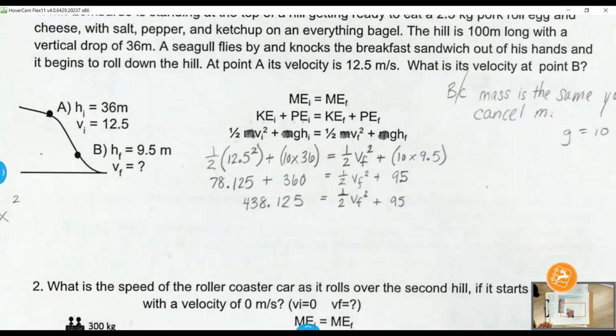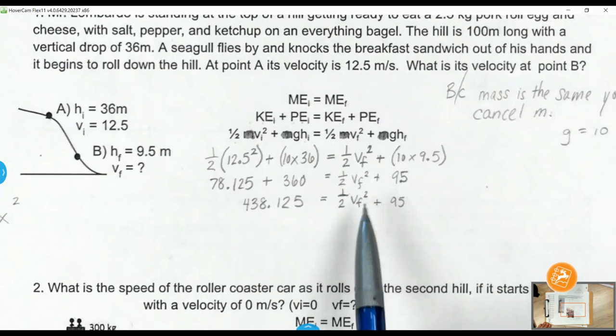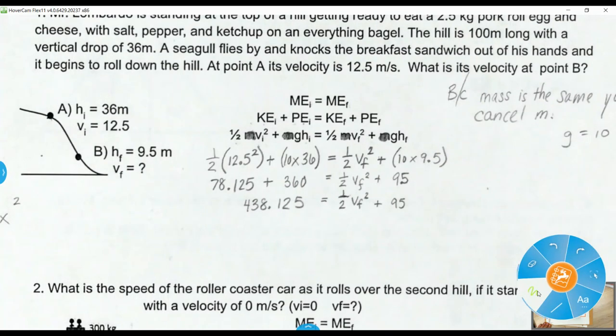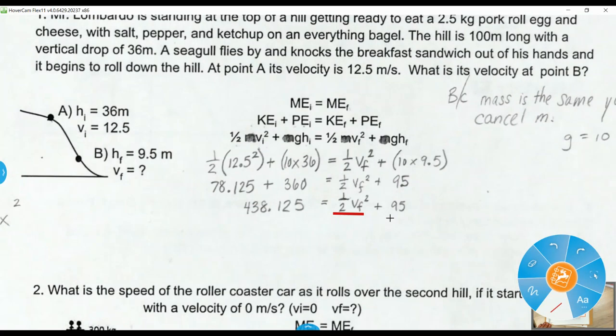So now, can someone tell me, what do I need to do now if I want this value to be by itself? If I want this by itself, what do I need to do first? Get rid of, yep.